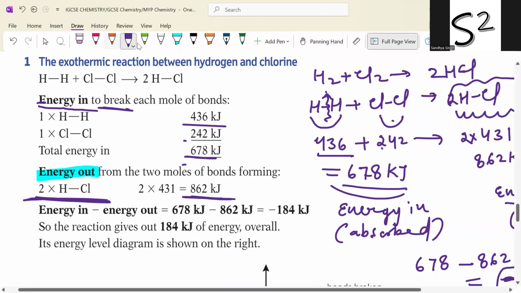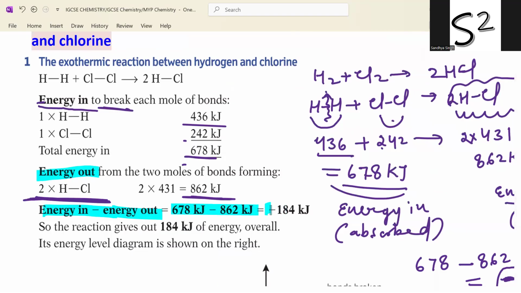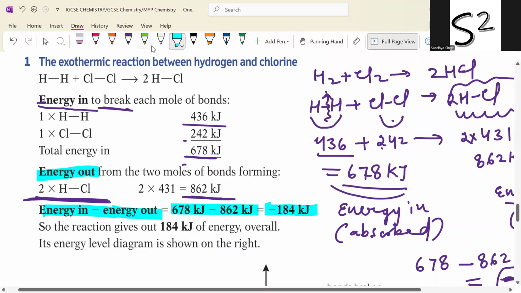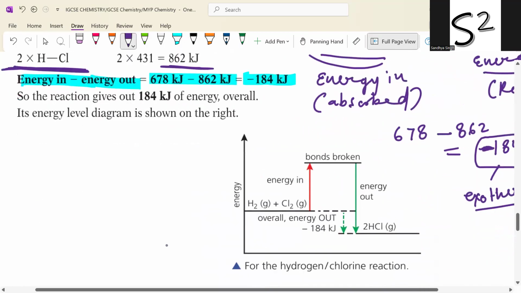After putting the formula, energy in minus energy out, 678 kilojoule minus 862 kilojoule, the answer is minus 184 kilojoule. As the answer is negative, it is an exothermic reaction. Its energy level diagram should be like this.